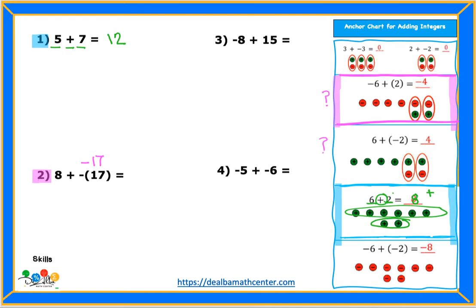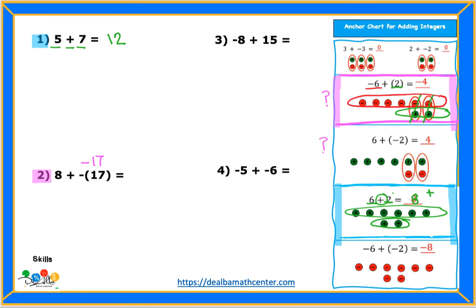Okay, this example will be as a reference. So what I'm noticing here that I have 6 negatives, and the 6 negative is represented by these 6 red chips. And then we have positive 2 that is represented by these 2 positive chips. You see that, guys? Awesome. Now we have some 0 pairs. Every time that we combine a negative and a positive, there will be 0 pairs.